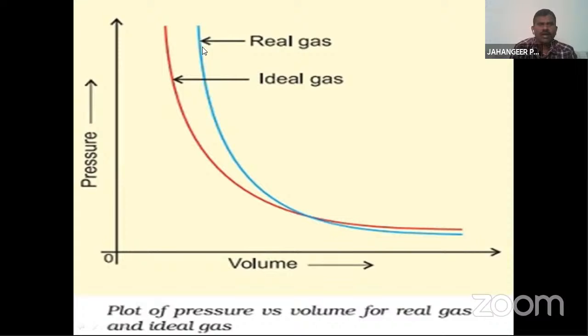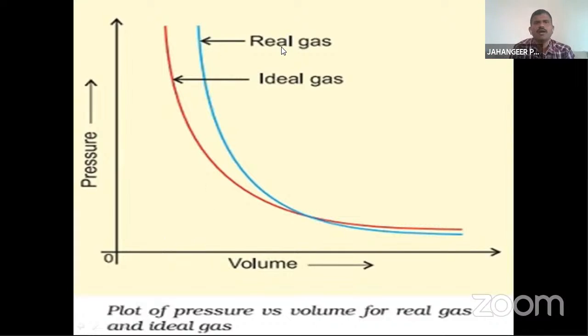Real gases show more volume. The volume of real gases is more than the volume of ideal gases. This is the volume of the ideal gas and this is the volume of the real gas.